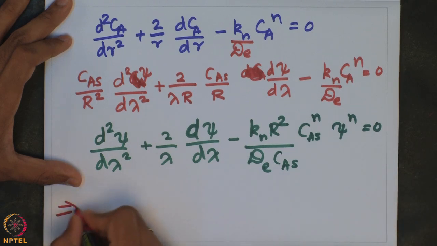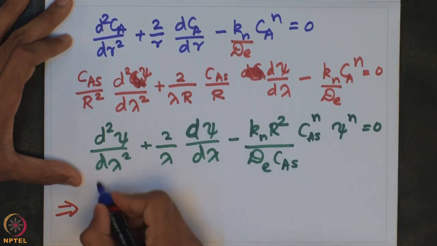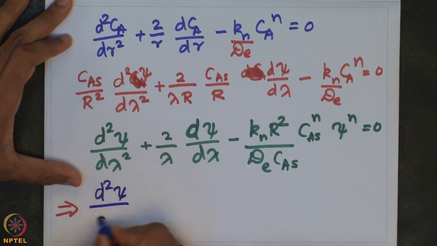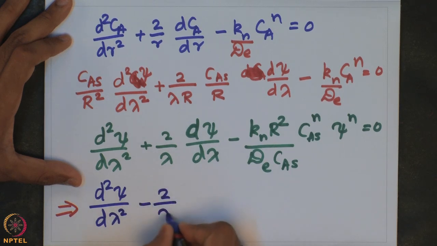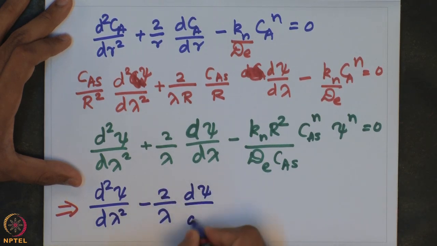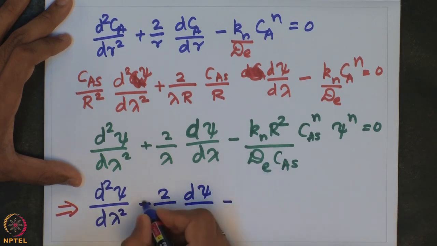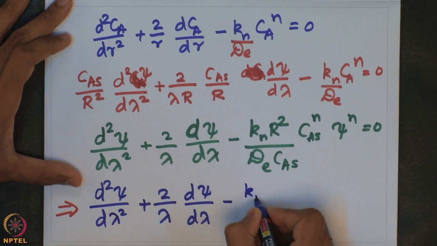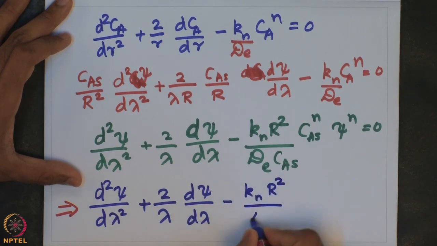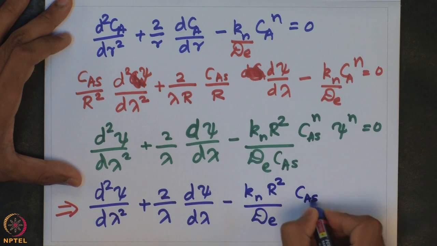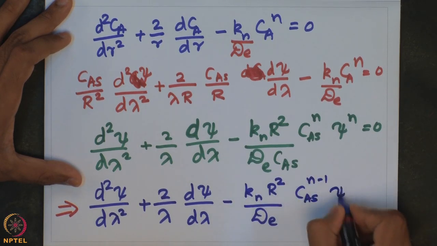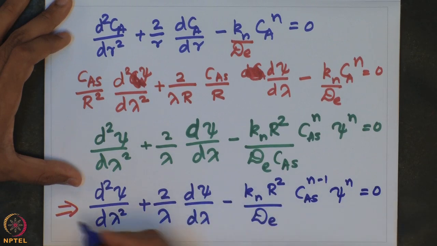So this we can rewrite as d square psi by d lambda square plus 2 by lambda d psi by d lambda minus Kn R square by dE into Cas to the power of n minus 1 into psi to the power of n equal to 0. So this is the model equation in the dimensionless form, which incorporates the dimensionless quantities we just defined.